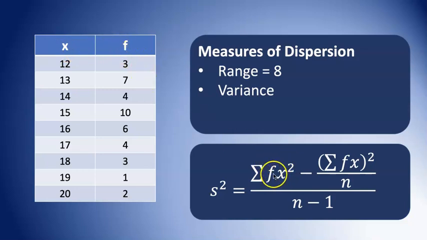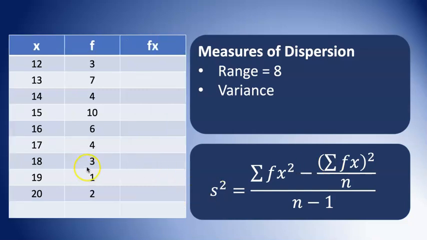So we will need a column to multiply f, the frequency, by the square of the variable, x squared, and we also need a column for fx. So here goes. Let's start by just having the total frequency. In all it's 40 students, so n is 40, same as the sum of f.